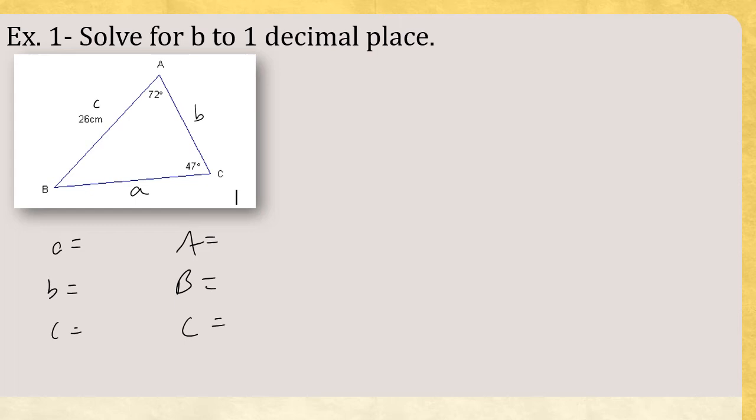So I don't know what angle A or side A is. It's asking me to solve for B, so there's my question mark. Side C is 26 centimeters, okay. Capital A is 72. Capital B, I don't know. Capital C is 47.